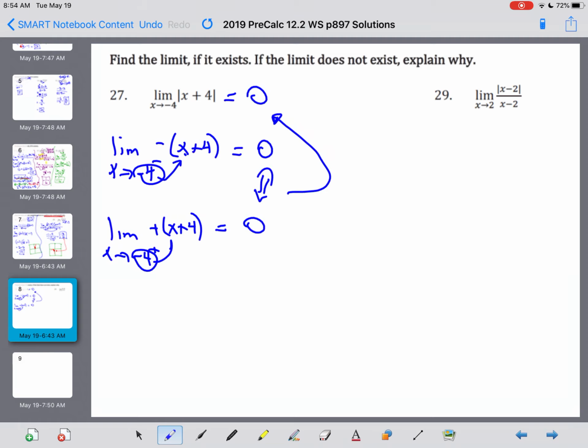Alrighty. So now let's take a look at this next one here. Let me kind of put a bar here. So kind of the same thing here. We're going to go the limit as x approaches 2, because if I plug 2 in here, I got a problem. But I'm going to come from the left. And so that's going to be negative.